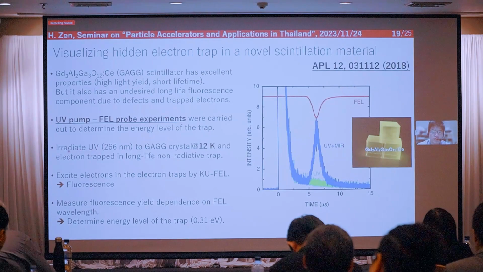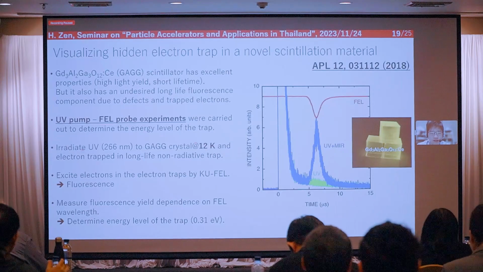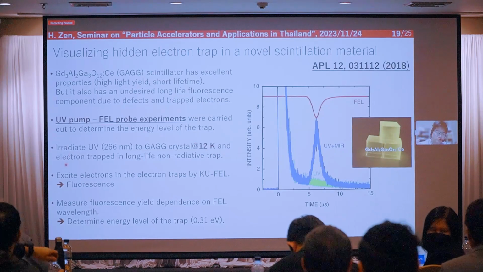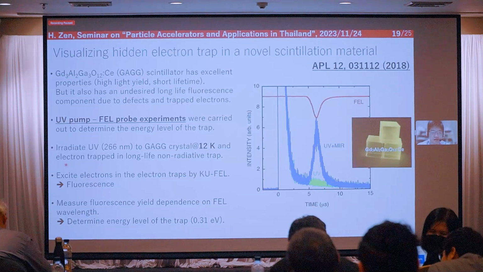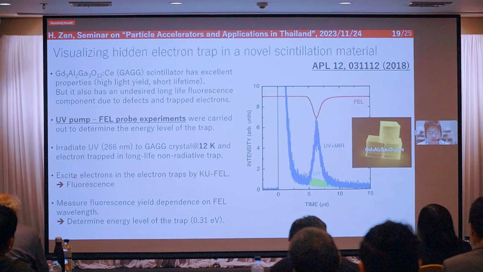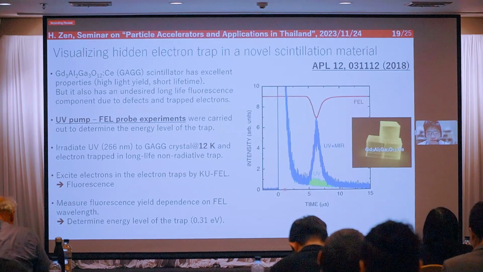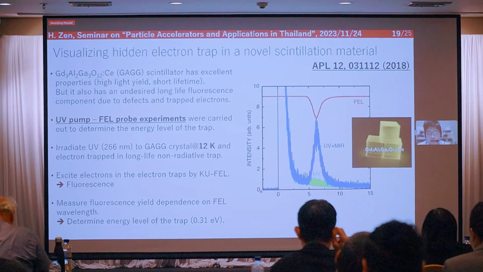So in the experiment, they irradiate ultraviolet 266 nanometer to the GAGG crystal at 12 Kelvin in the cryostat, and make electrons trapped in long-life non-radiative traps. After that, the FL is irradiated to the sample and excites electrons in the electron traps, and then we could see fluorescence. This is an experimental result without FL irradiation and only UV irradiation.